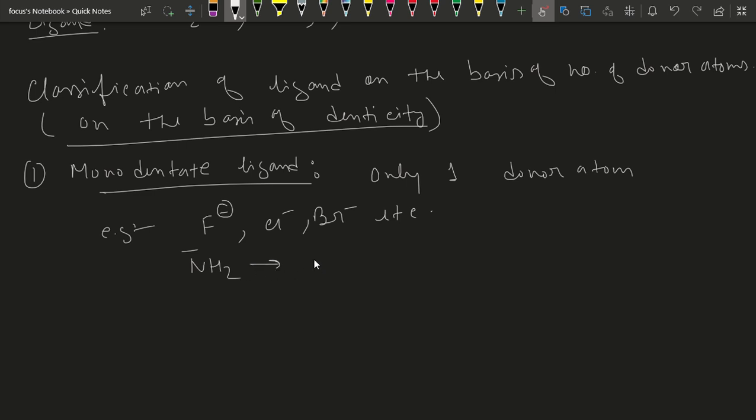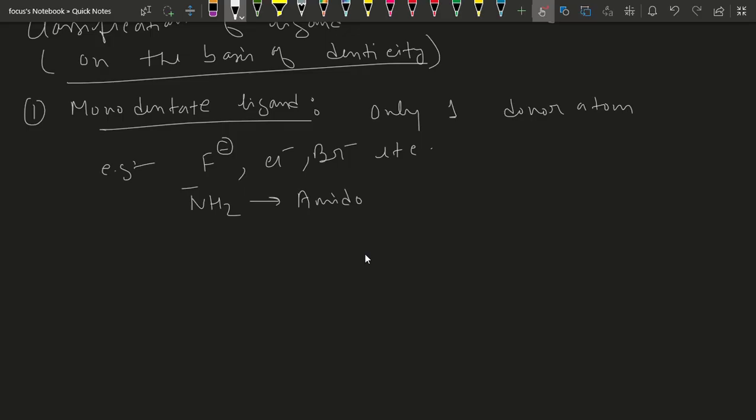The naming is also important. This is called amido. I will mention all the important ligands in my discussion along with their naming. F- is called fluorido, and Cl- is called chlorido. You can see that an O is added at the end of the name of the ligand.